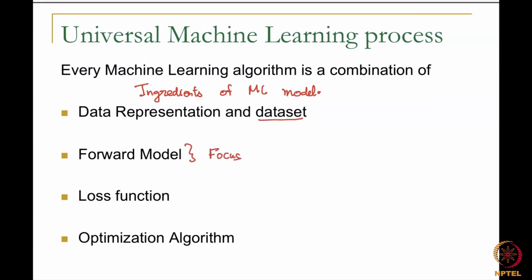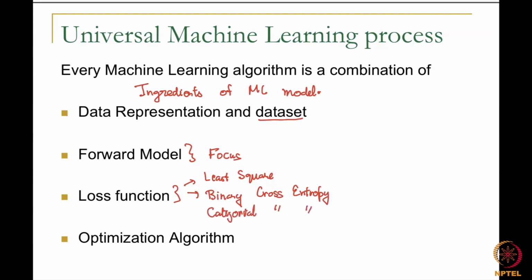Next, as you will see this time, is the loss function. Typically, we used to use least squares so far for our objective function, but it will turn out that there are other loss functions. Binary cross entropy is a loss function that we will discuss this week, or a general cross entropy, which can be called categorical cross entropy. We will discuss that this week.